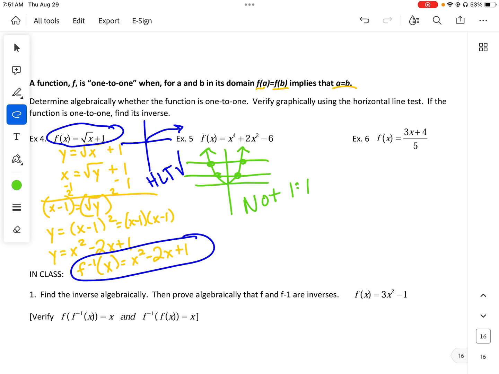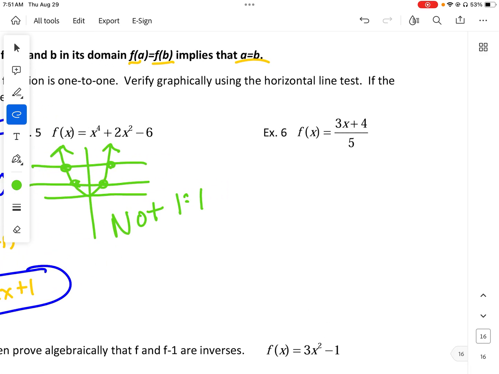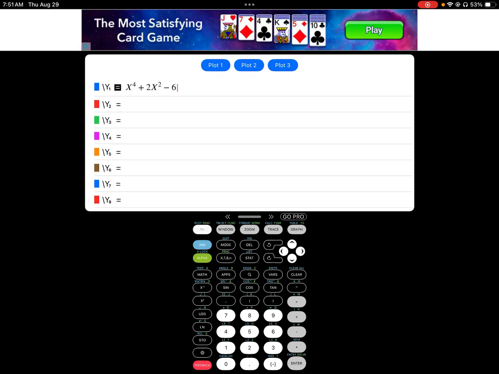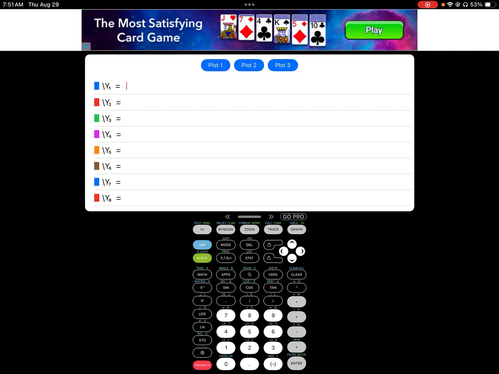Okay, let's go to the last one. So this is like y equals 3x plus 4, over 5. So we want to look at what that looks like on a graph. So I'm going to go back to my calculator, go to y equals, clear that. I'm going to put in my fraction.